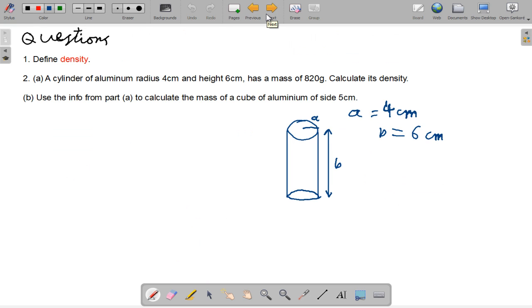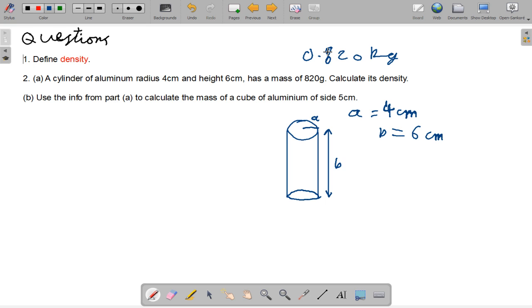Now we'll look at some questions. So what is density? And a cylinder of aluminium, radius 4 centimeters and height 6 centimeters, has a mass of 820 grams. Calculate its density. If you want to use kilograms, it's 0.820 kilograms, but be wary, I've left the answer in grams.